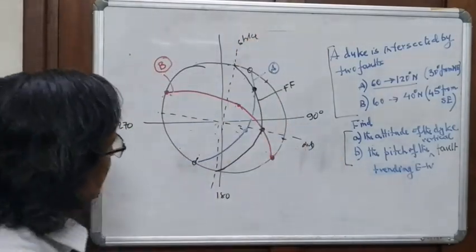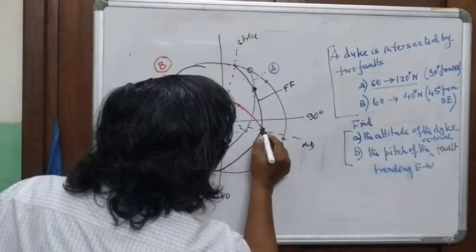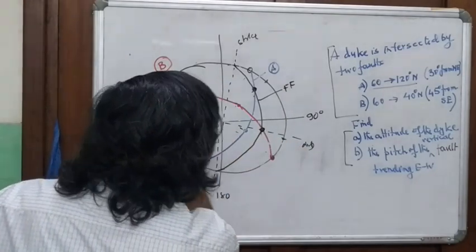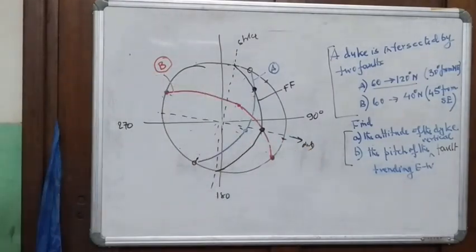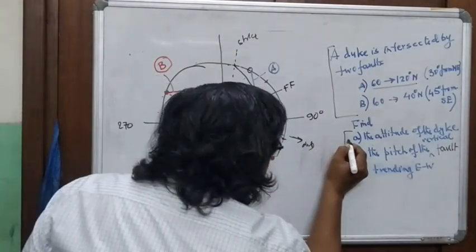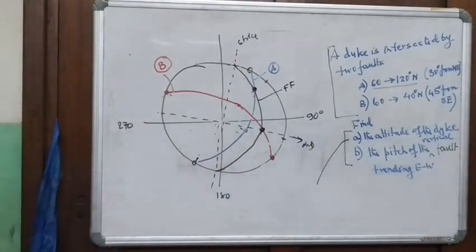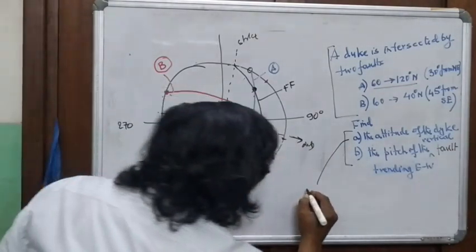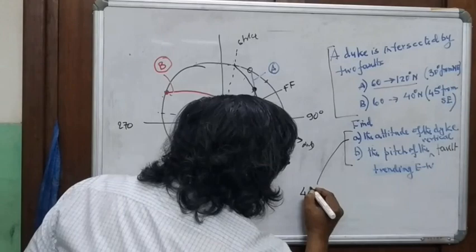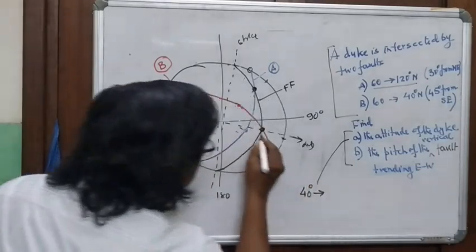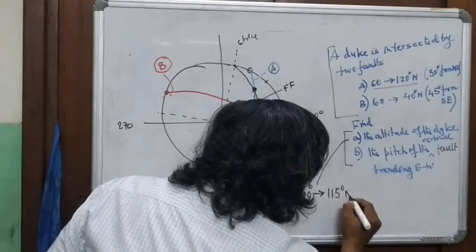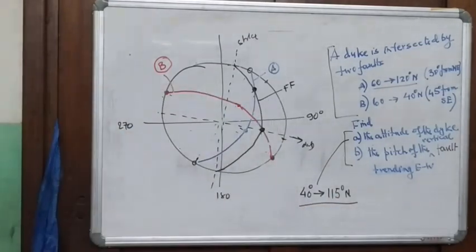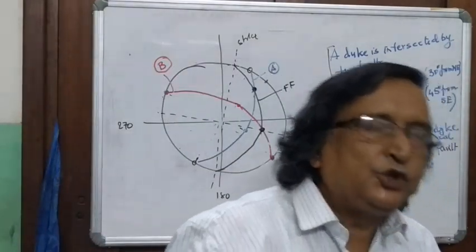So now, if this is the dip, then this is the plunge. This is the dip of the fault plane, and this is the direction. So what is the direction? For answer A, this would be about 40 degrees dip towards, say, 115 degrees north, roughly. That is the attitude of the dike.